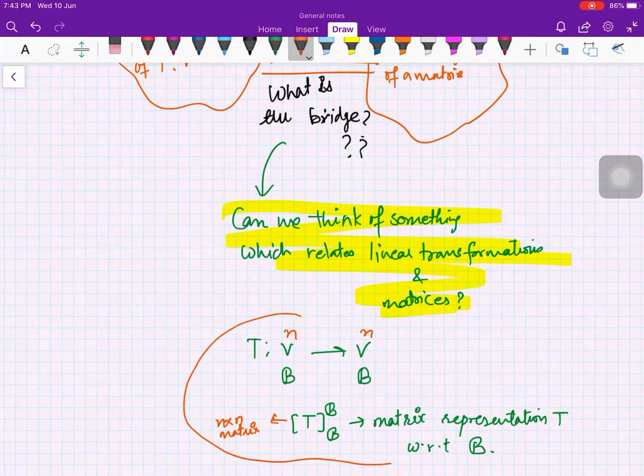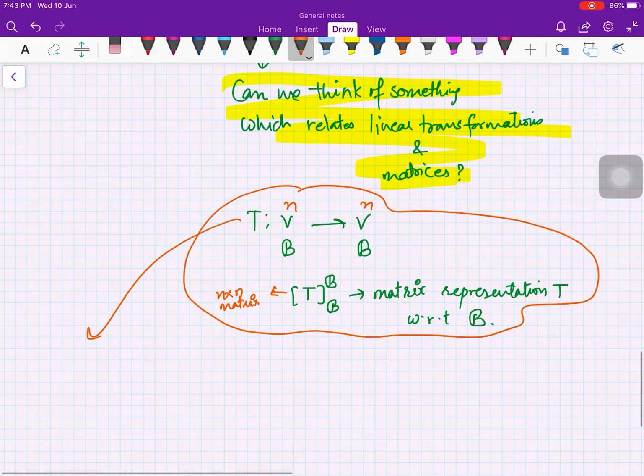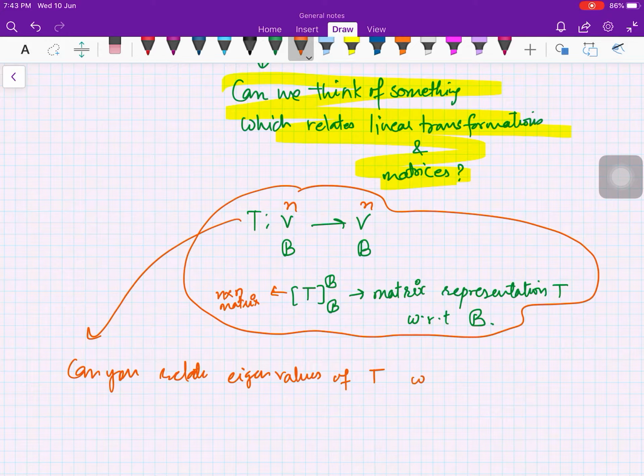Fine. Now, can you relate the eigenvalues of T with the eigenvalues of T beta beta?